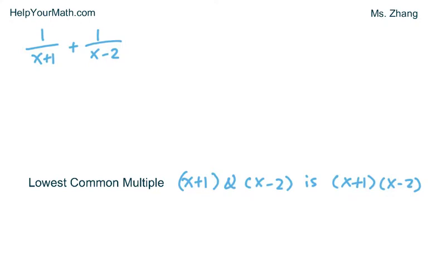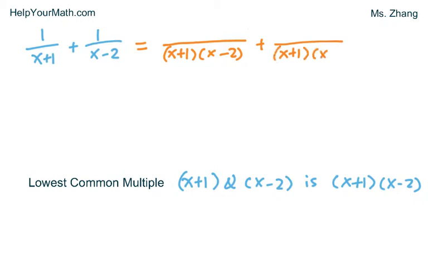So when you show the next step, you want to write it as something over x plus 1 times x minus 2 plus something over x plus 1 times x minus 2. So we first want to convert 1 over x plus 1 to something over x plus 1 times x minus 2.